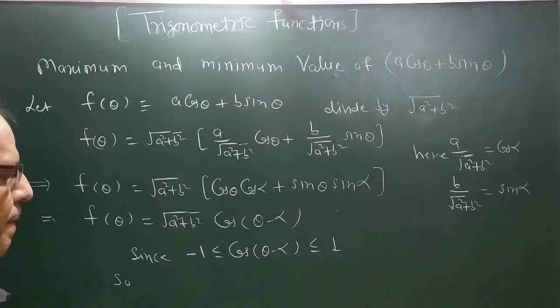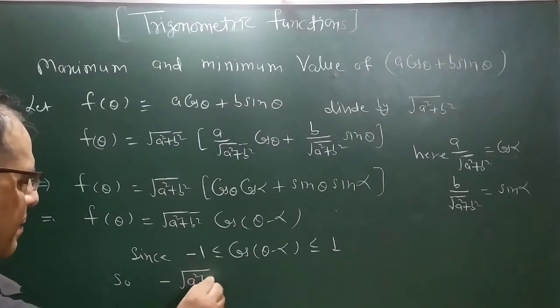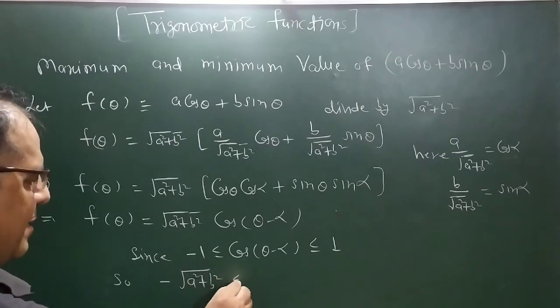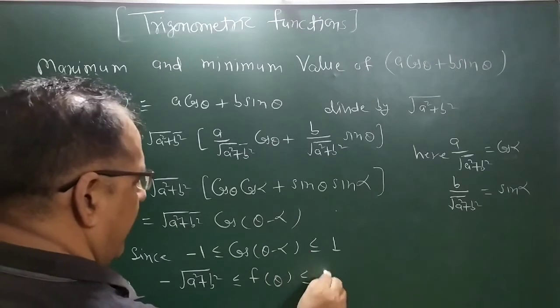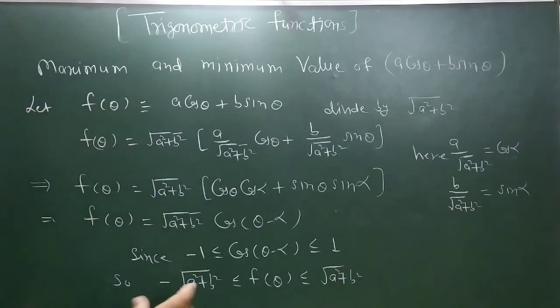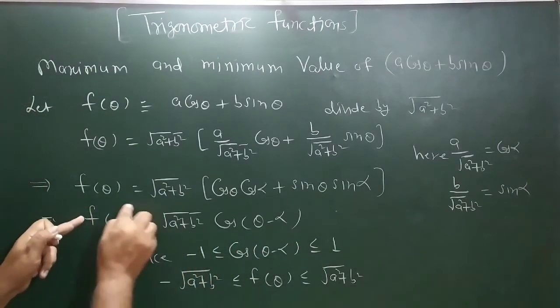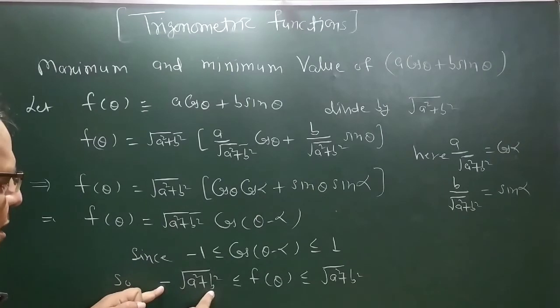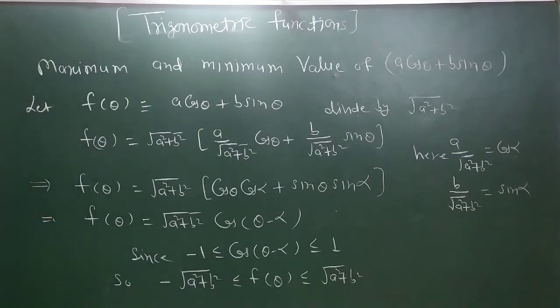So minus under root of a square plus b square is less than or equal to f theta, which is less than or equal to under root of a square plus b square. Because cos theta minus alpha lies from minus 1 to 1, the whole f theta lies from minus under root a square plus b square to under root a square plus b square.